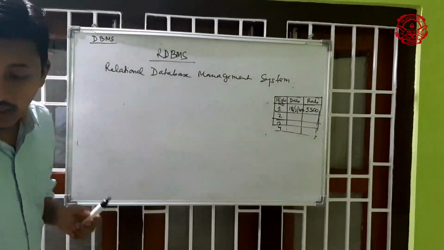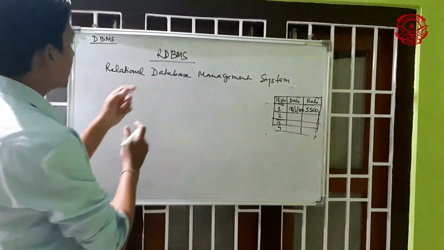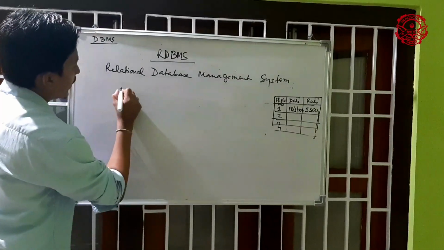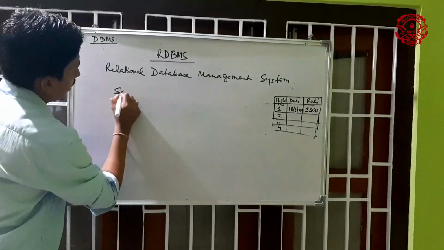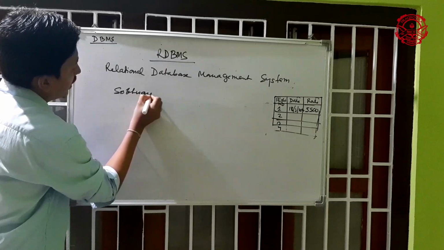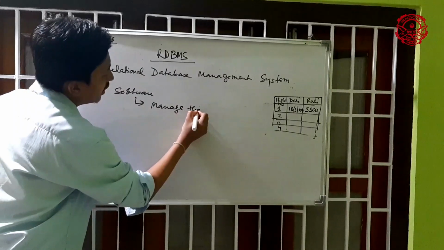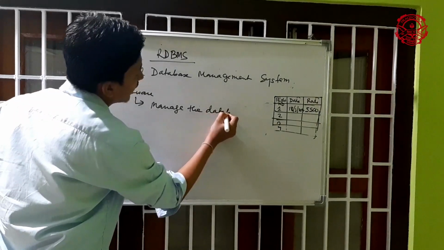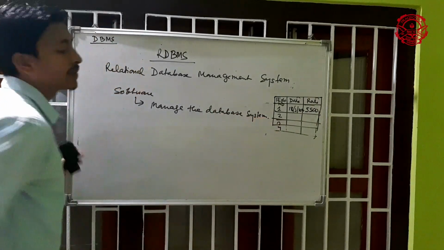Means what? In RDBMS, RDBMS is what? RDBMS is a software. It is used to manage the database systems.